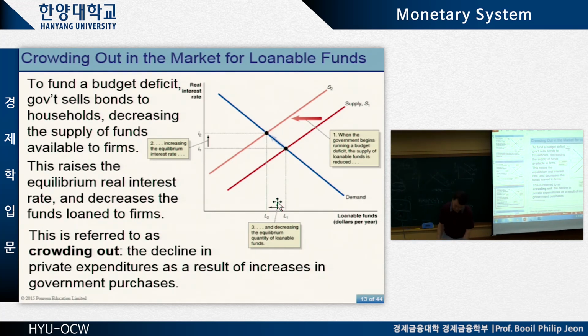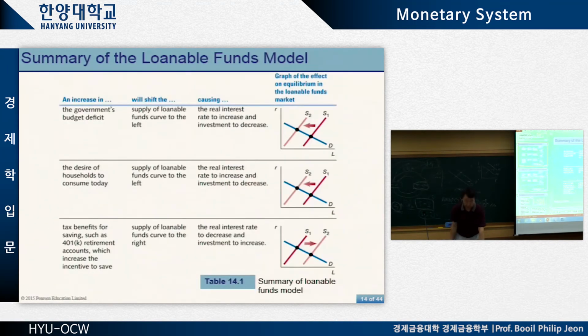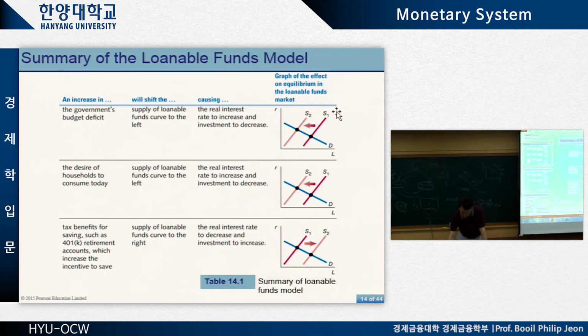So the next few slides think about a variety of situations. We already talked about this, the government budget deficit. Deficit means their spending is greater than their revenue.